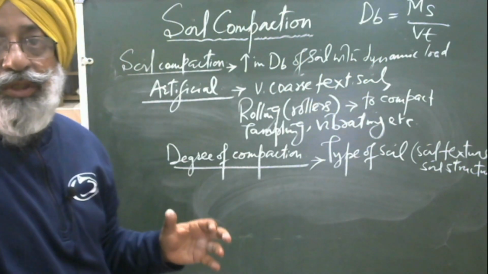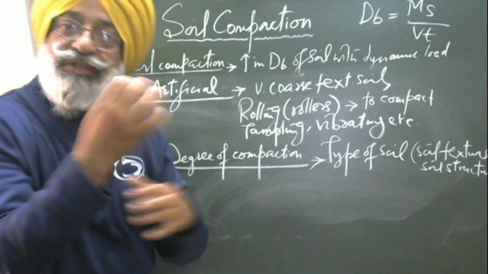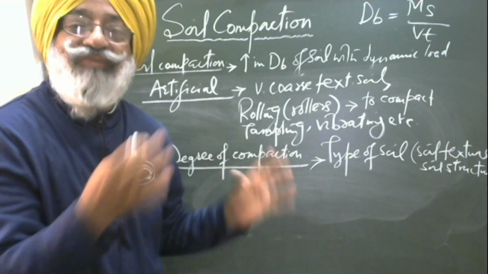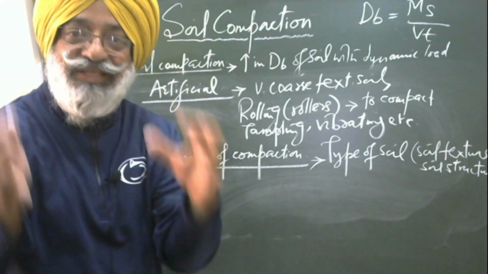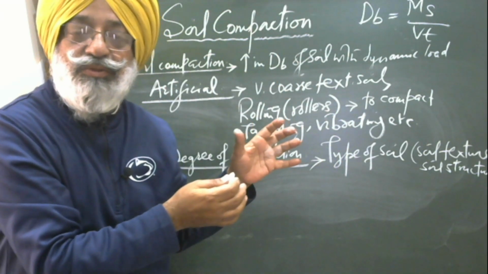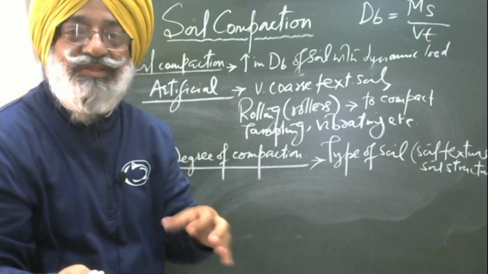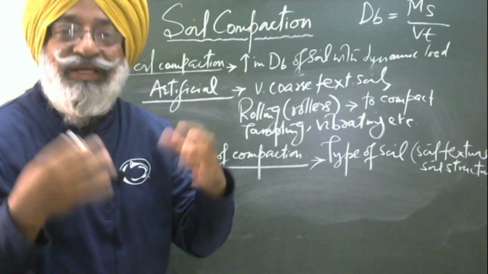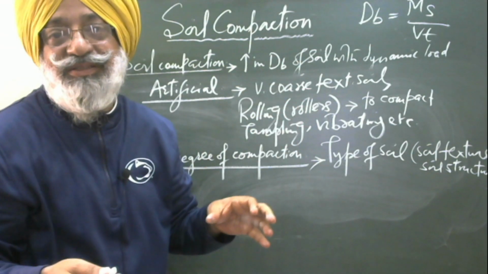A coarse textured soil can be compacted to a greater extent than a fine textured soil. If you are applying the same amount of force in coarse textured soil as well as in fine textured soil, the bulk density of coarse textured soil will increase to a greater extent than that of fine textured soil.